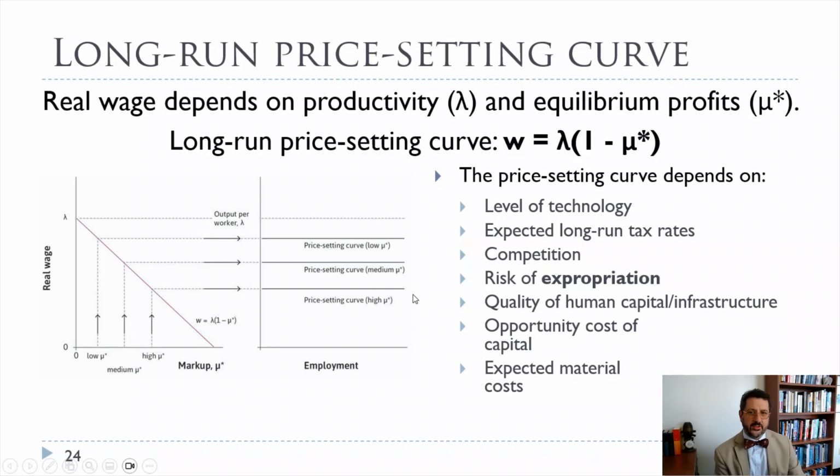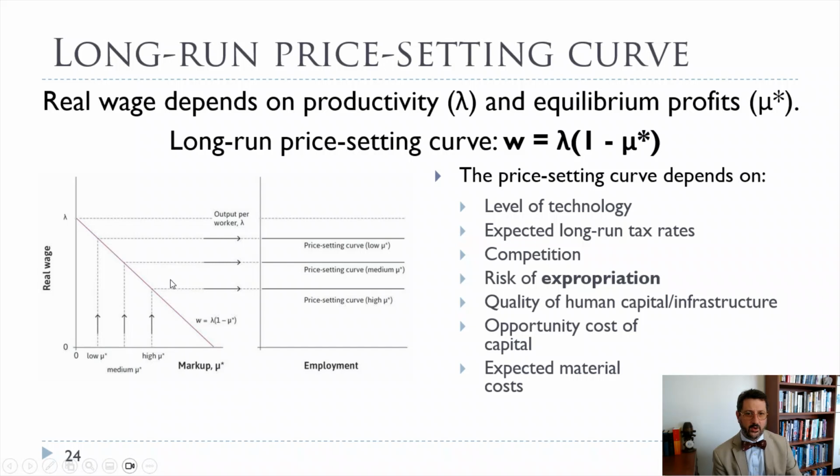So we can think about this in terms of our long run price setting curve, right? Where our real wage here, W, is equal to lambda, productivity, and our equilibrium profits, or markup, mu star. And so the real wage is equal to how much workers produce times 1 minus the markup.